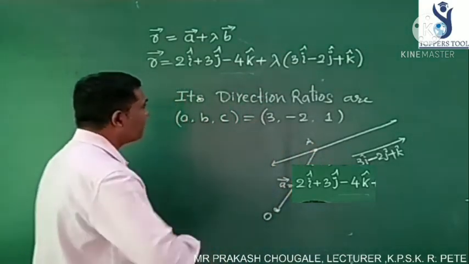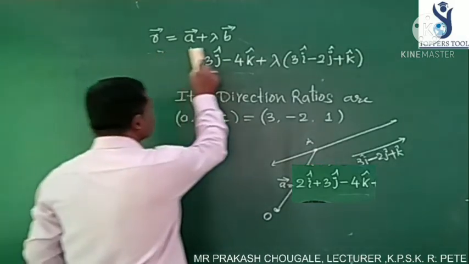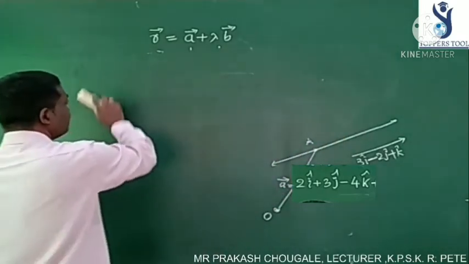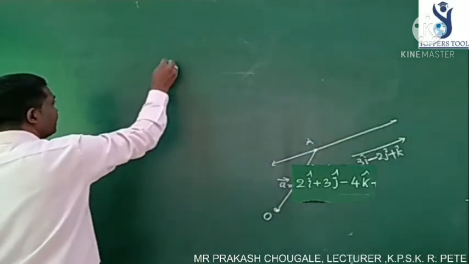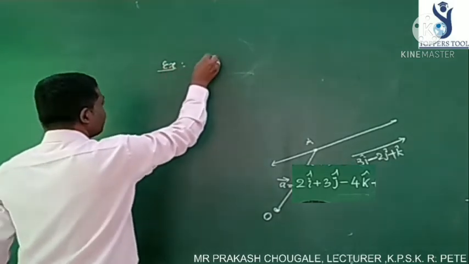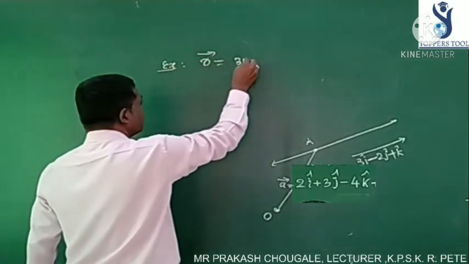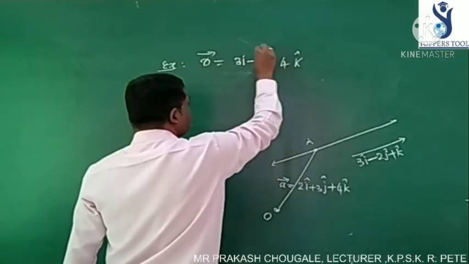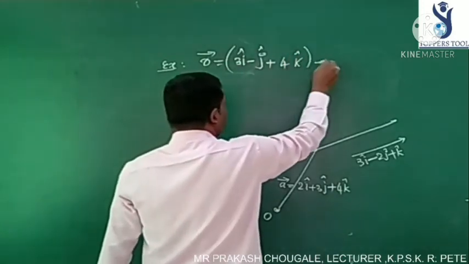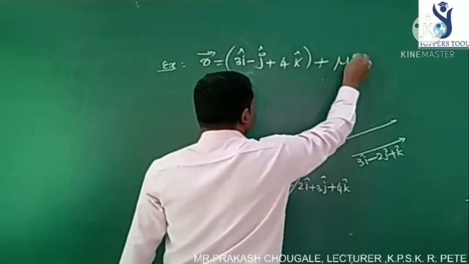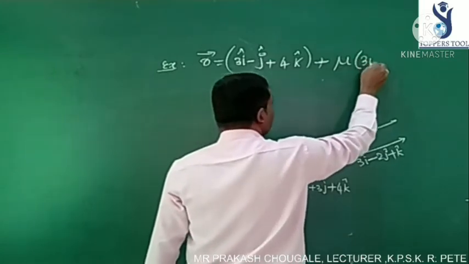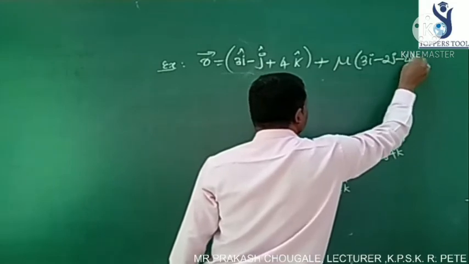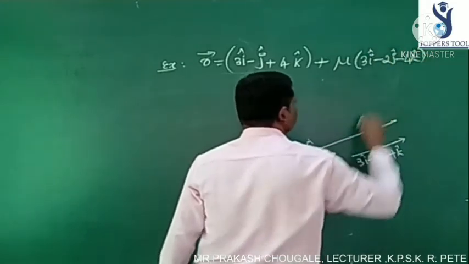I will give one more example and you must tell me what its direction ratios are. So let us see here. If this is the line, vector r is equal to 3i minus j plus 4k cap, you can write, plus some mu into 3i minus 2j minus 4k cap.